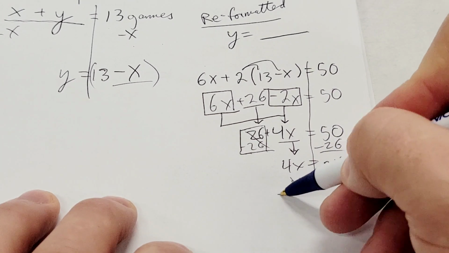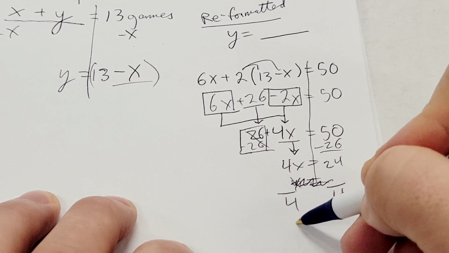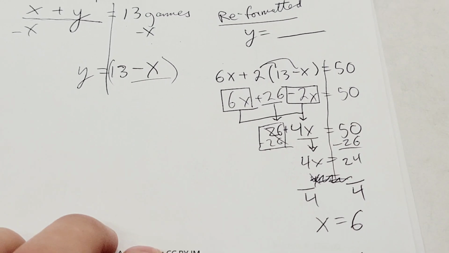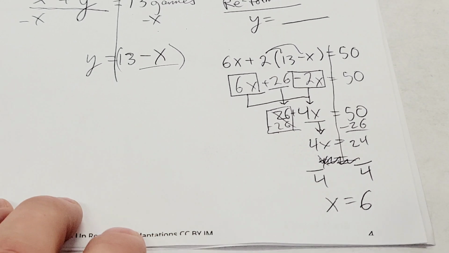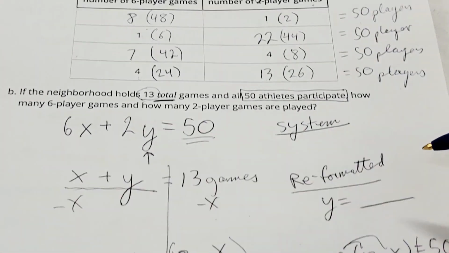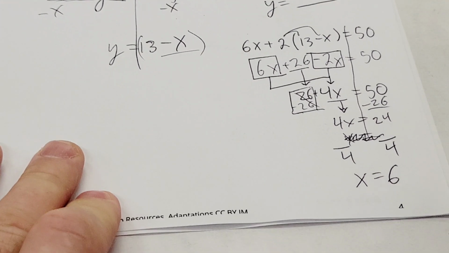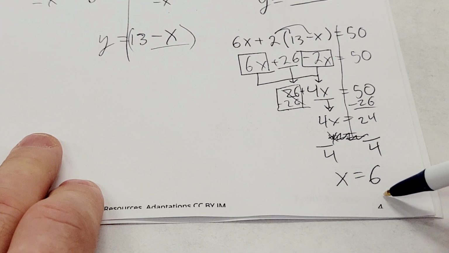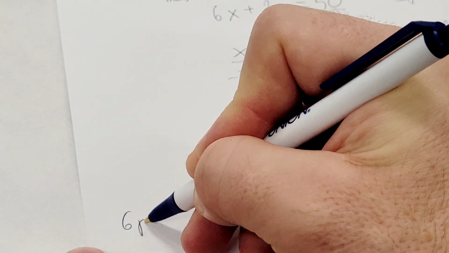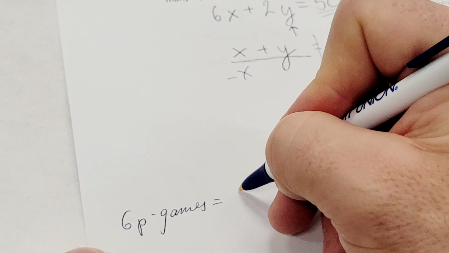So now I'm going to divide by 4, divide by 4. So x equals 6. Okay? So right now that means, since x, again, is my 6-player games, that means that we're going to have 6 6-player games. Okay, so I'm going to write this over here. Number of 6-player games, I'm going to have 6.